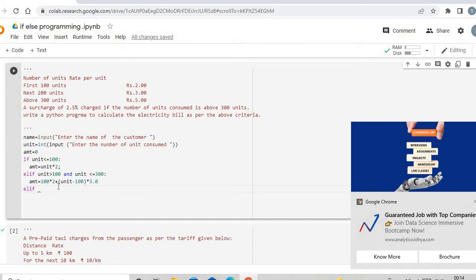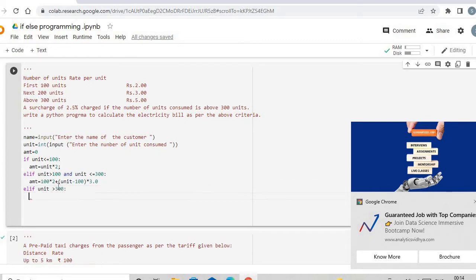Next, if I consume more than 300 units, then elif unit greater than 300. How much money do I have to pay? Amount equal to, for the first 100 units I have to pay 2 per unit. For the next 200 units, I have to pay 3 per unit.